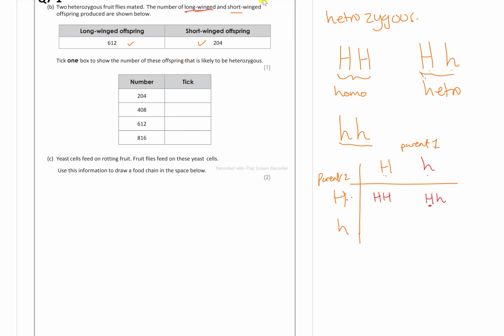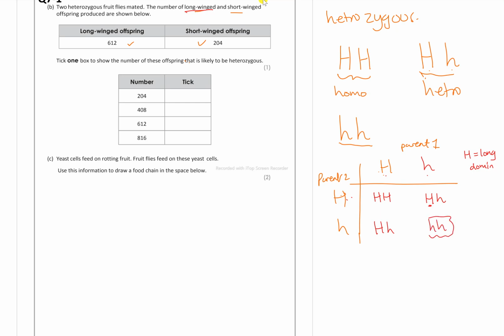Because this is dominant, you're going to get long-winged. So if you have H, it becomes long. And it is dominant. That means it will always be featured in a big H, lower h. We'll come across that later. So you've got H and small h, and you've got H and H.